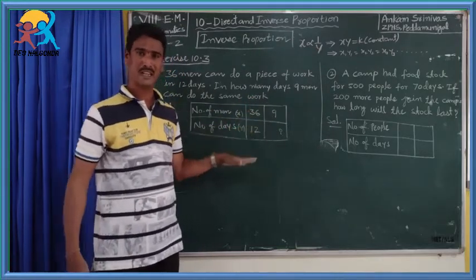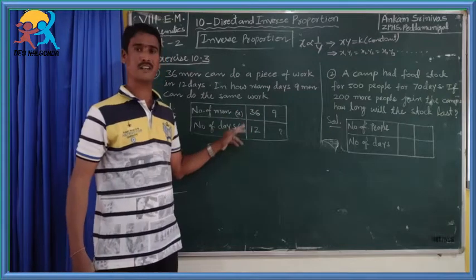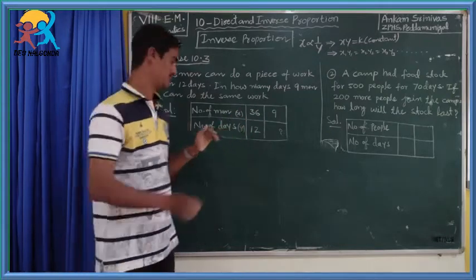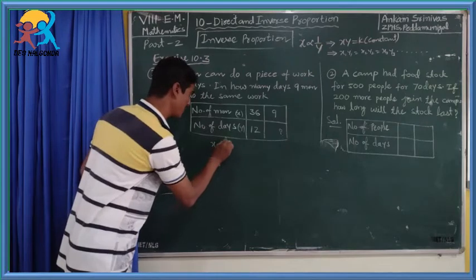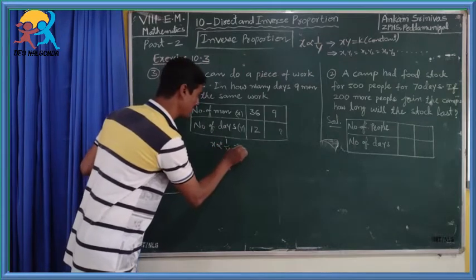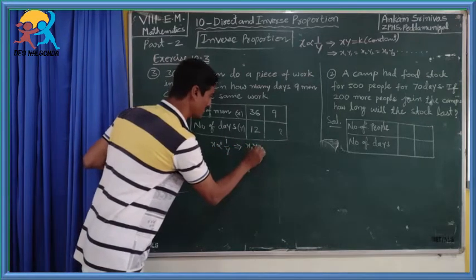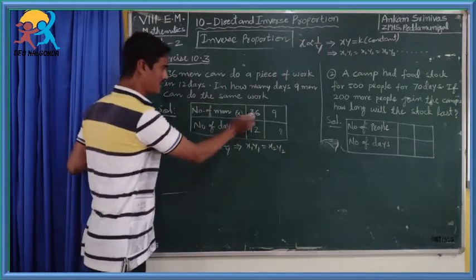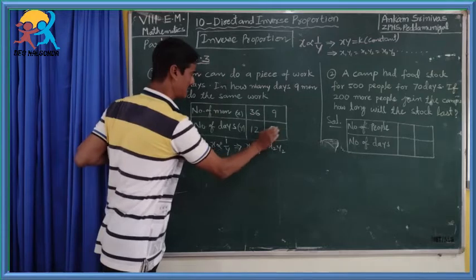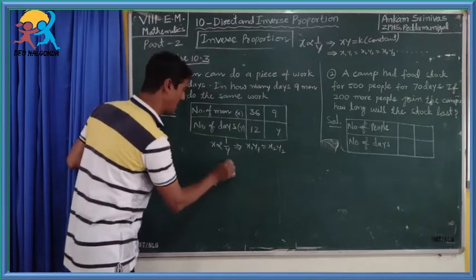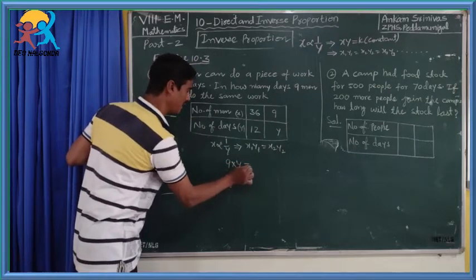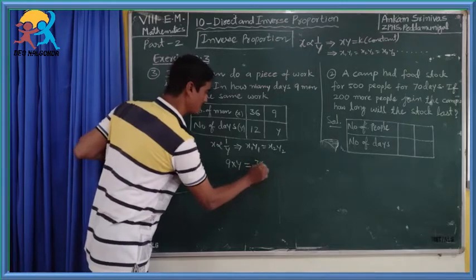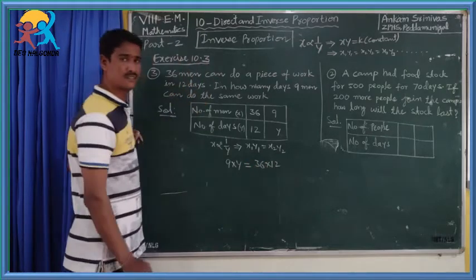So clearly we can say that these two quantities are inversely proportional. If two quantities are inversely proportional, then their products are equal. Here let us suppose this is the variable y. 9 into y is equal to 36 into 12.